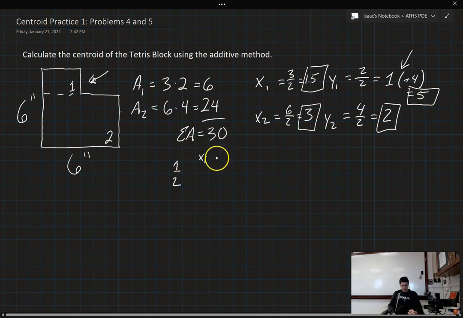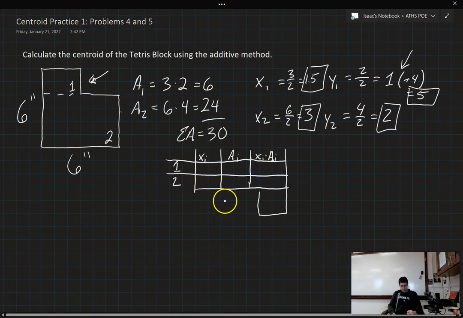I'm going to fill in one part for xi and ai. I'll talk about that in a second. Then we'll have a third column, which I'm going to call xi times ai. And then underneath that, we will do one last box where we will calculate sigma xi times ai. Again, I'll talk more about that in a second.